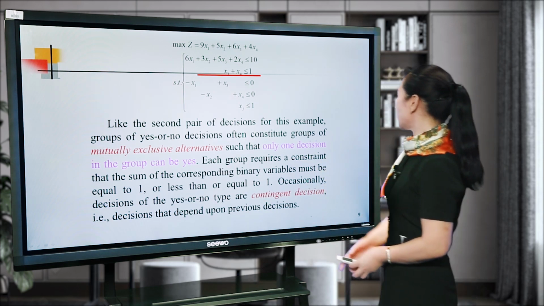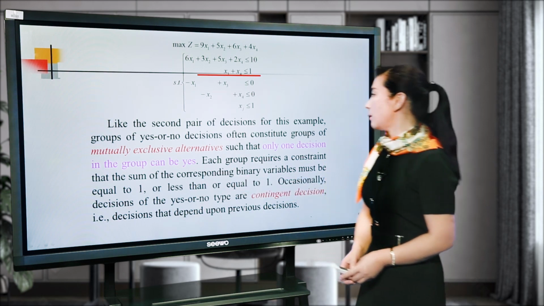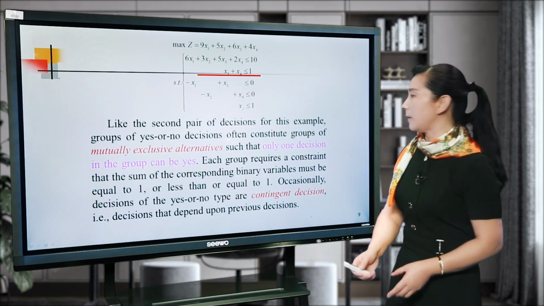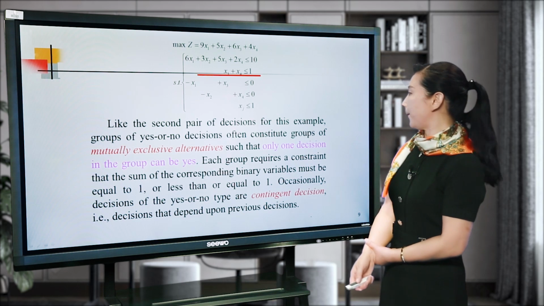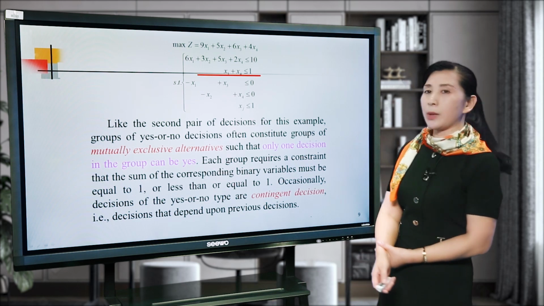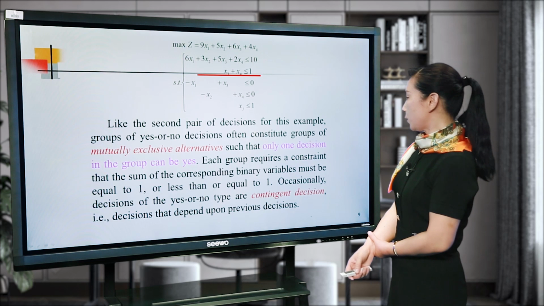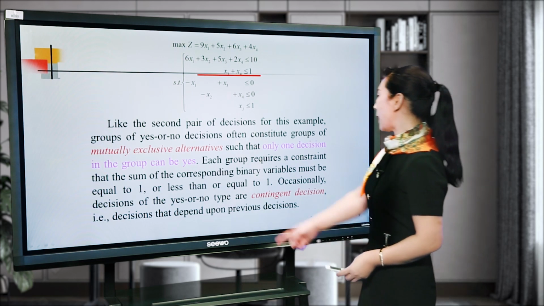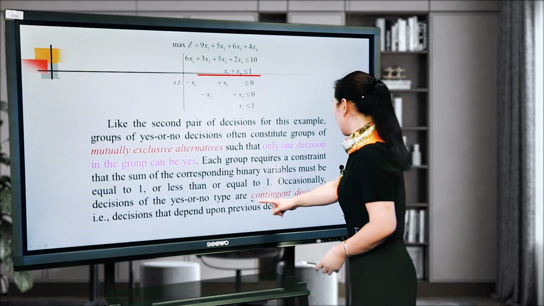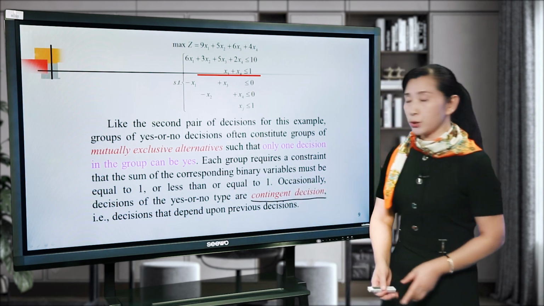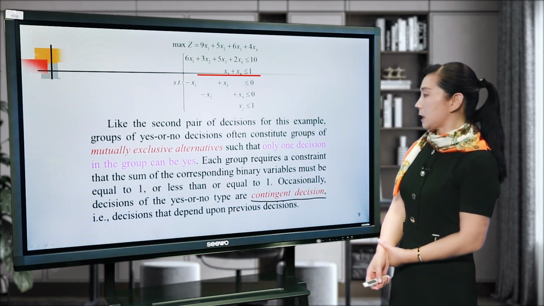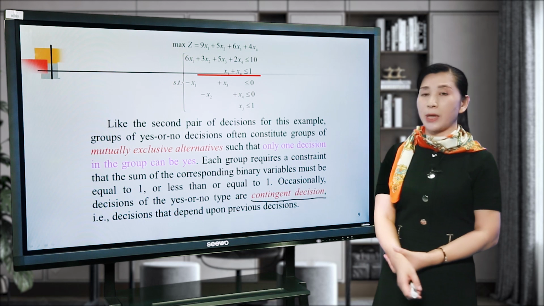Each group requires a constraint that the sum of the corresponding binary variables must be equal to 1 or less than or equal to 1. Occasionally, yes or no decisions are contingent decisions, that is, decisions that depend upon previous decisions.